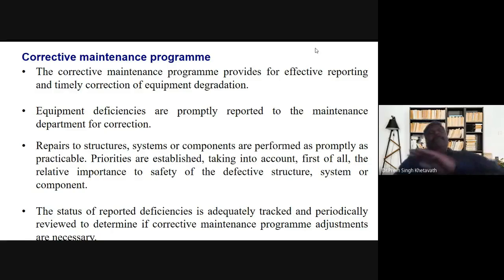Corrective maintenance, keep it and remember it as repairs only. It needs correction, it will be informed to the maintenance department for corrections. So soon after breakdown only we are going to do this corrective maintenance. The status of reported deficiencies is adequately tracked and periodically reviewed to determine the maintenance programs.